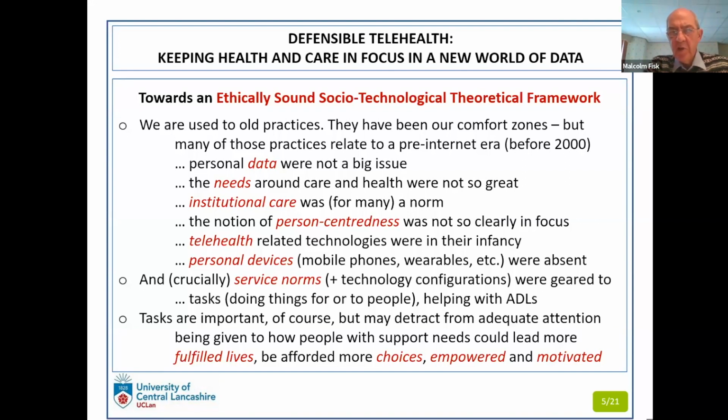Before that, of course, personal data were not such a big issue. The needs around care and health were certainly not so great. We've got a demographic agenda that we must consider. Institutional care was the norm for many people as well, and clearly we're giving much more emphasis now to supporting people in their own homes. Person-centeredness is very much part of our agenda. Telehealth technologies were fairly crude.